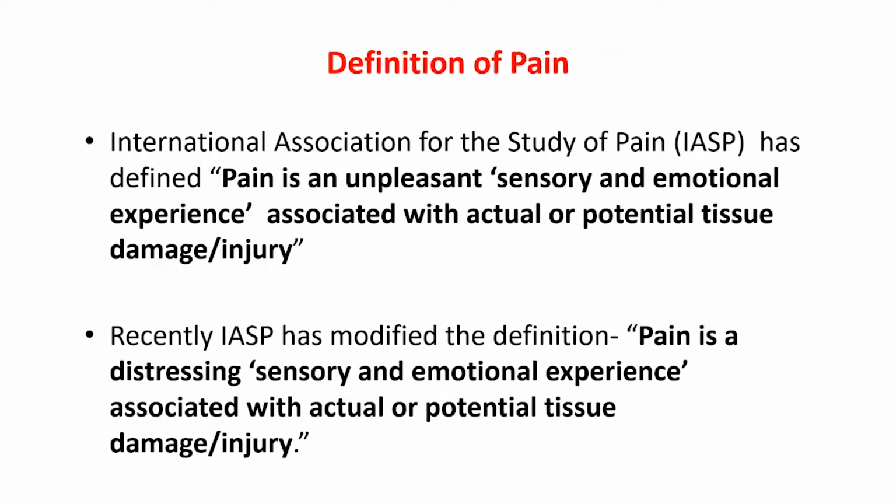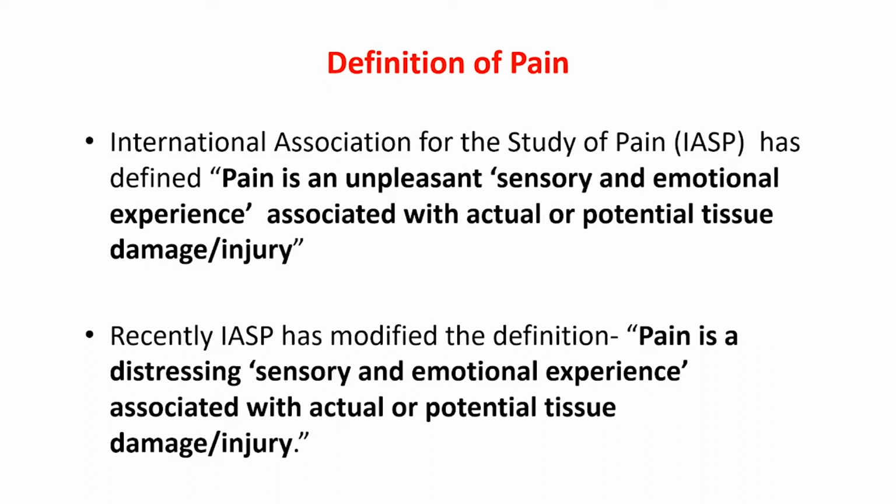Pain is defined as an unpleasant sensory and emotional experience associated with actual or potential tissue damage or injury. This definition, which has been given by the International Association for the Study of Pain, has been recently changed.